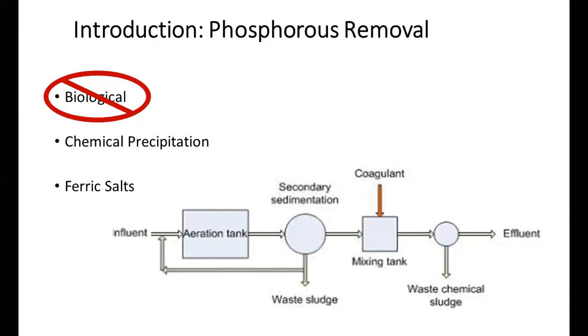The ferric salts bind with the phosphates to form precipitates, which then can be removed from the wastewater as a sludge. Commonly used salts are ferric chloride and ferric sulfate. In this experiment, we use ferric sulfate.